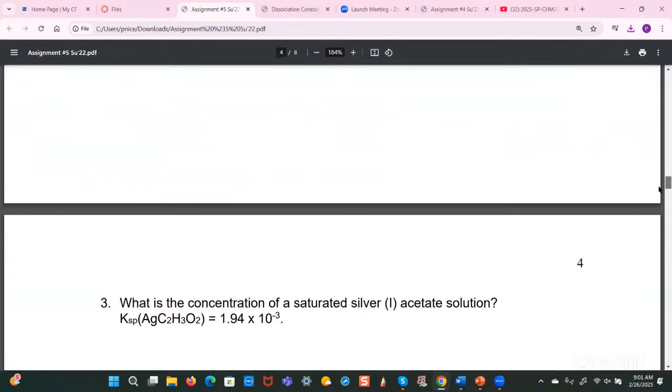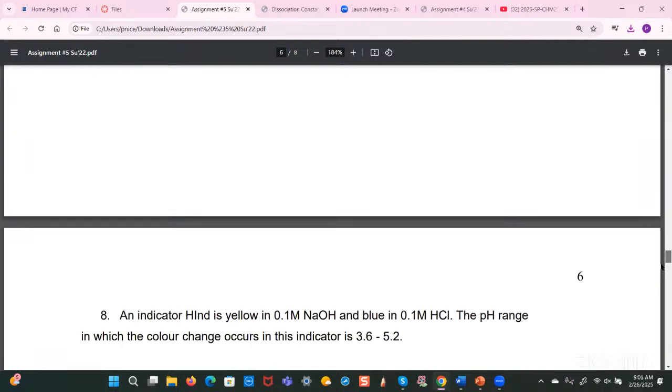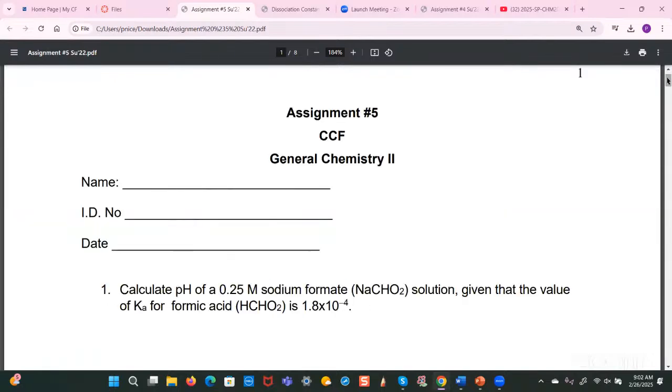Let me just check this here. Okay. All right, looks like I have to create an addendum to this so that you can get some practice doing buffers. So we won't be able to do any questions from this.